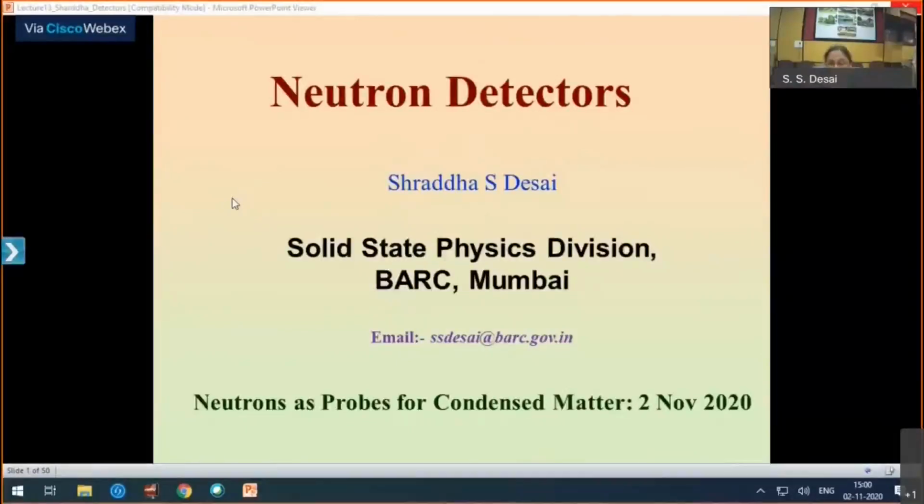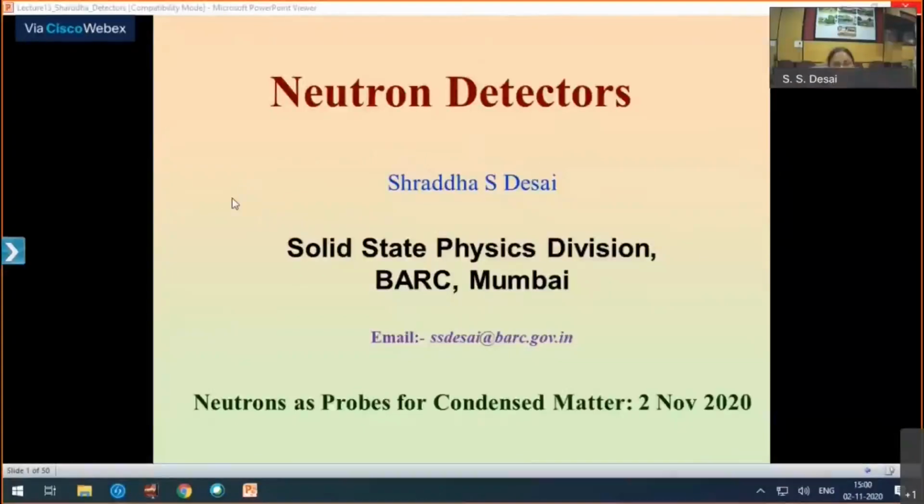So, as I understand, in the last few lectures you have been learning about the properties of neutrons and how neutrons can be used for various purposes. So it is important that we learn how they are detected. Wherever the neutron is, whether it is coming from the reactor or from other fusion sources, and it is used on the sample and scattered from the sample, at every stage you will need a detector.